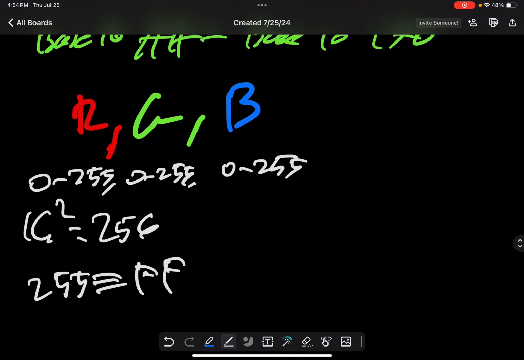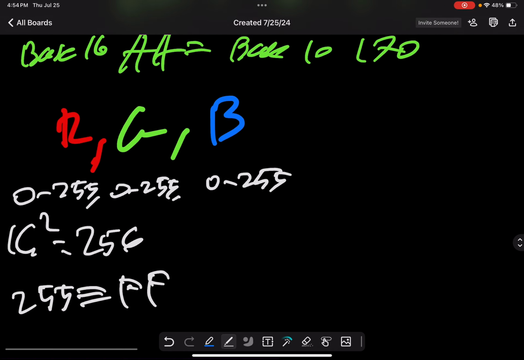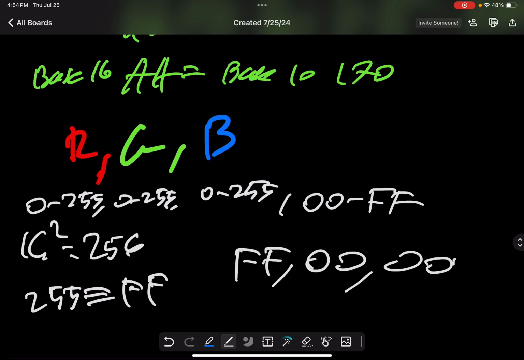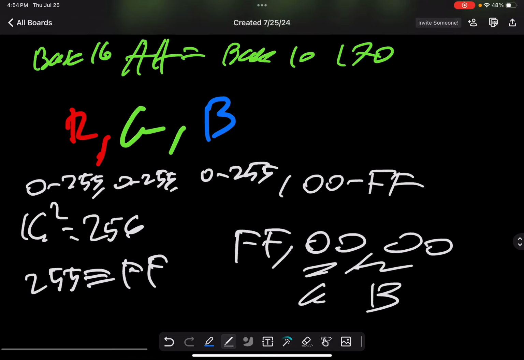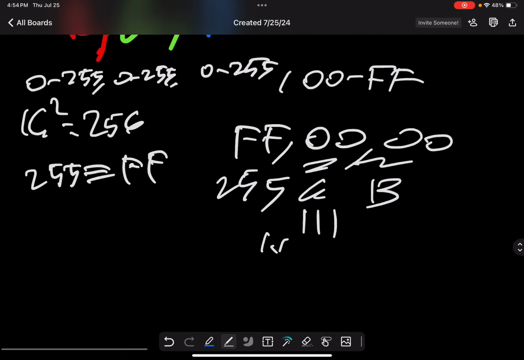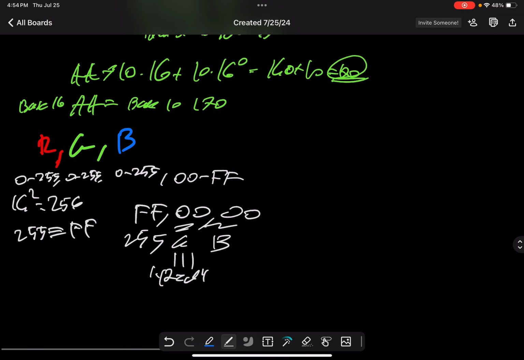And so you can very neatly represent red, green, and blue values as 00 to FF. FF represents 255, and so that's all of that color. So if you have the value FF0000, that means the green and blue values are 0, but the red is full. And so this color is what we call red. Cool.